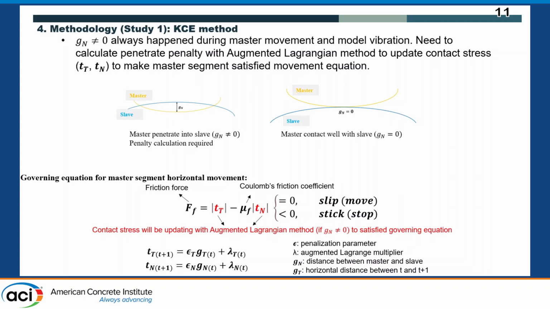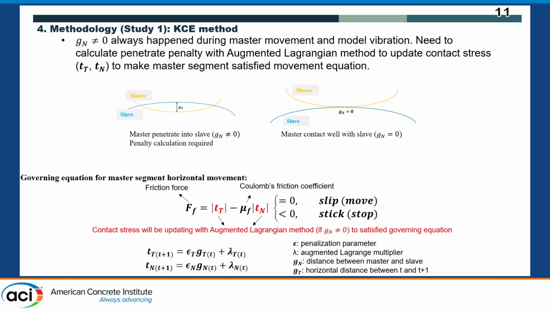And as you can see, the contact stress in the normal direction and tangent direction is directly related to the gap between elements, Gn and Gt. So by using the KCE method, it can solve this problem automatically by giving the parameters.